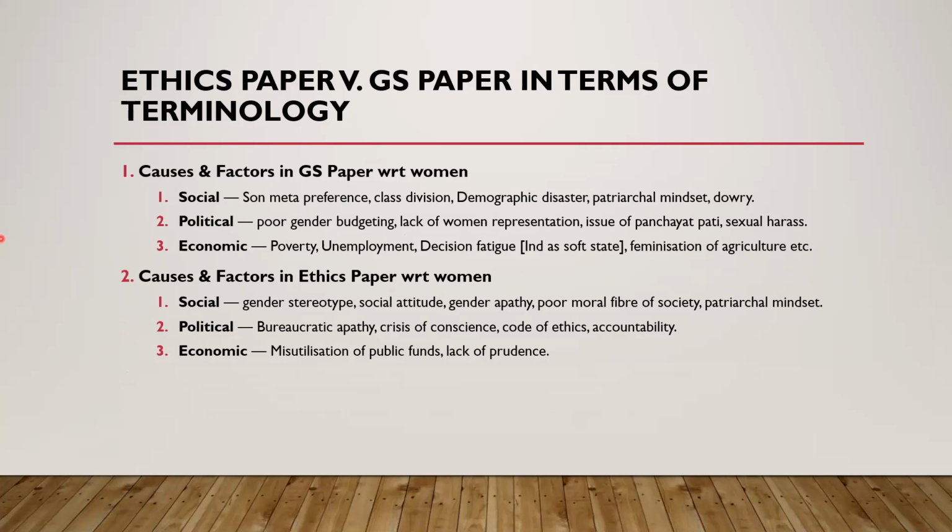So, the difference between the ethics paper and the GS paper in terms of terminology, which I was talking about. Look at this: cause and factor in the GS paper with respect to gender. Please give some time and read. Then read the ethical terms.